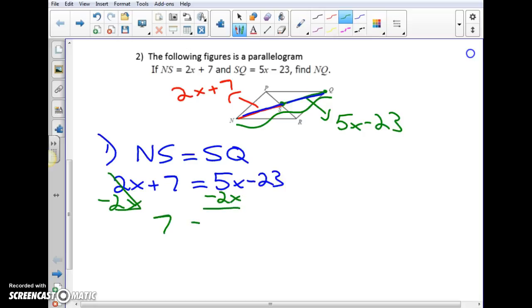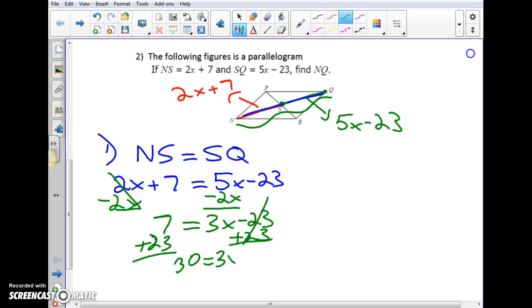That's going to leave me with 7 equals 3x minus 23. Now I'm going to add 23 to both sides. And I'm going to get 30 equals 3x. Divide both sides by 3, and I get x equals 10.